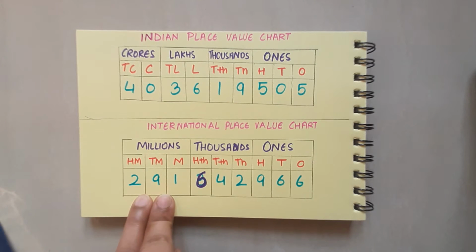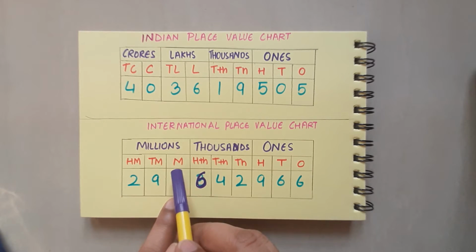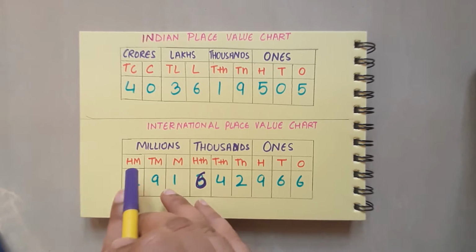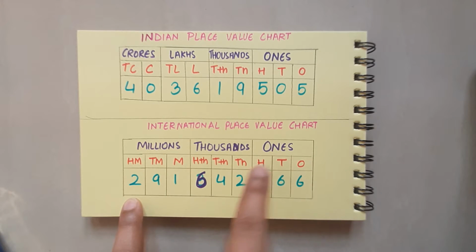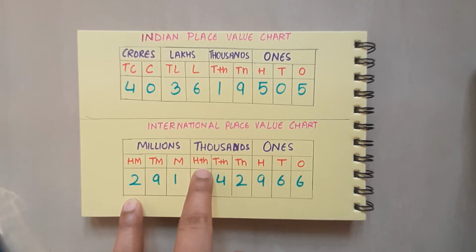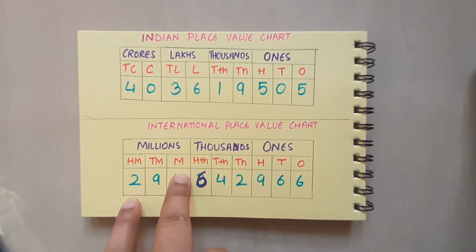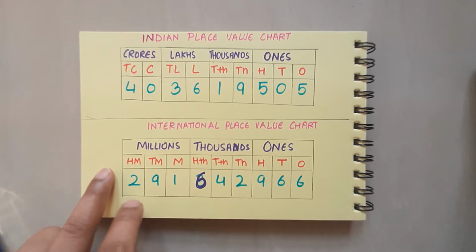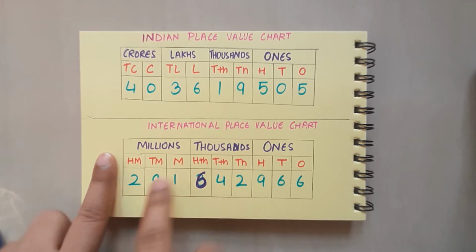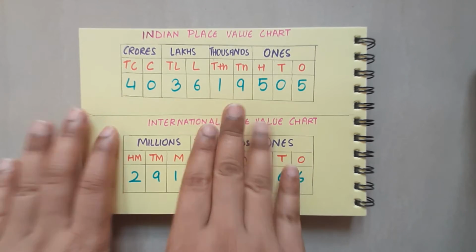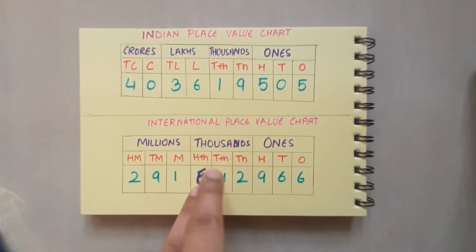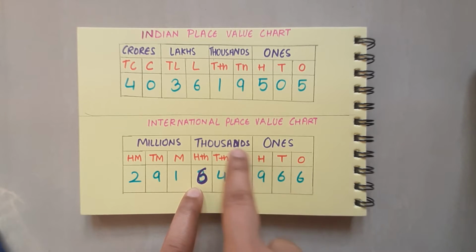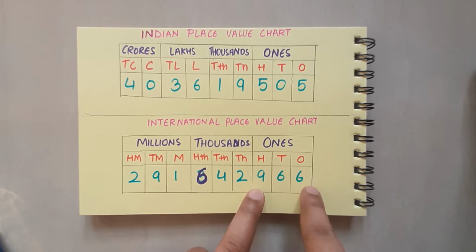And then similarly, when we talk about the millions period, here we have million, 10 million, 100 million. So in the international place value system, each period has three places. So over here it is 100 million. So now if I have to read this number, we are going to read the millions period together, like 291,642,966.